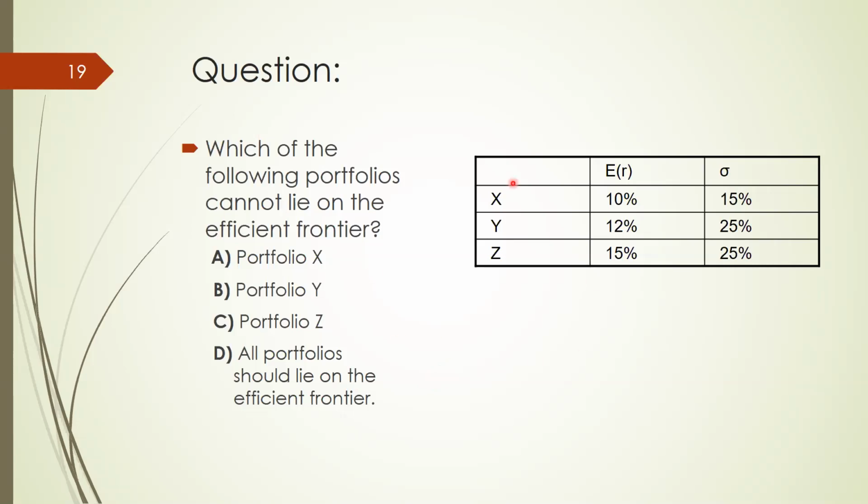Here, the answer should be between the comparison of Y and Z. Both Y and Z have the same risk, standard deviation, but Z has a higher return than Y, which means that Z would dominate Y. Z might be on the efficient frontier, but Y cannot. So therefore, we can surely rule out Y as an efficient portfolio because it's inferior to Z.